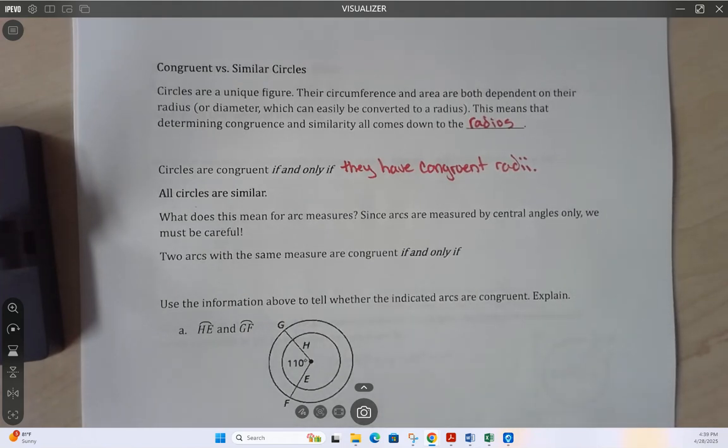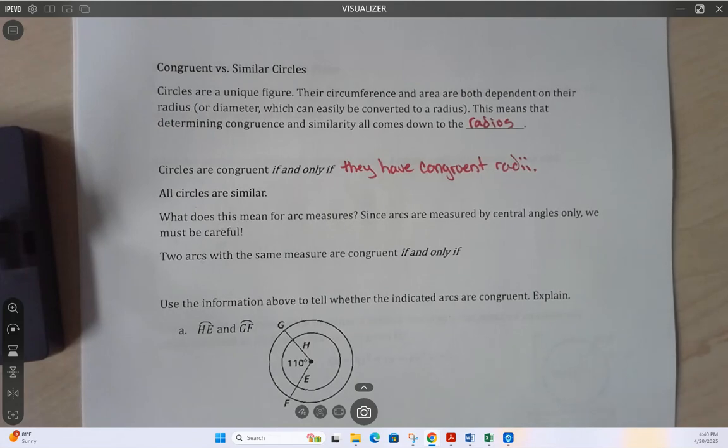All circles are similar because even that one that has a radius of 3 inches and that one that has a radius of 3 centimeters, we can find some scale factor that will scale one up or down to match the other. Now, what does this mean for our arc measures?